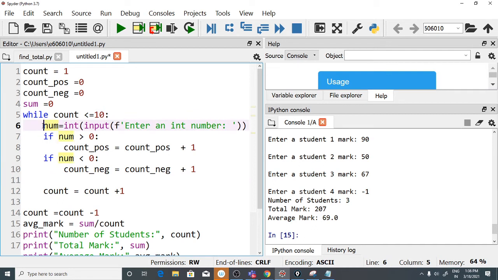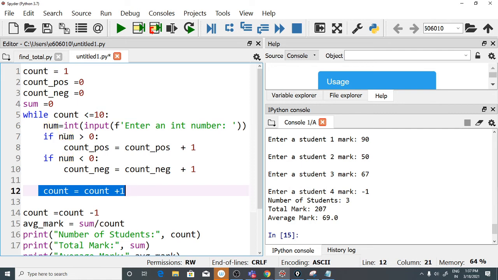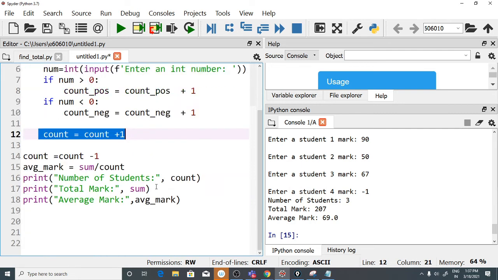If it is greater than 0, it is positive. If it is less than 0, it is negative. So I am using one counter. If it is a positive number, you increase 1. If it is a negative number, it increases 1. So it will keep on increasing based on positive or negative. This variable is for controlling the loop. This is the looping variable.